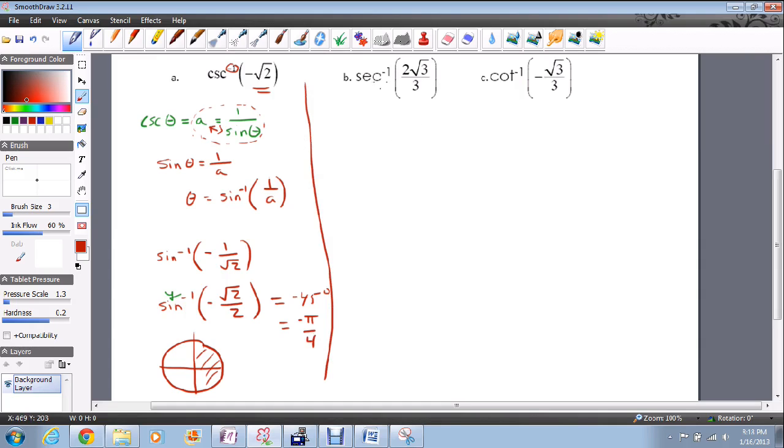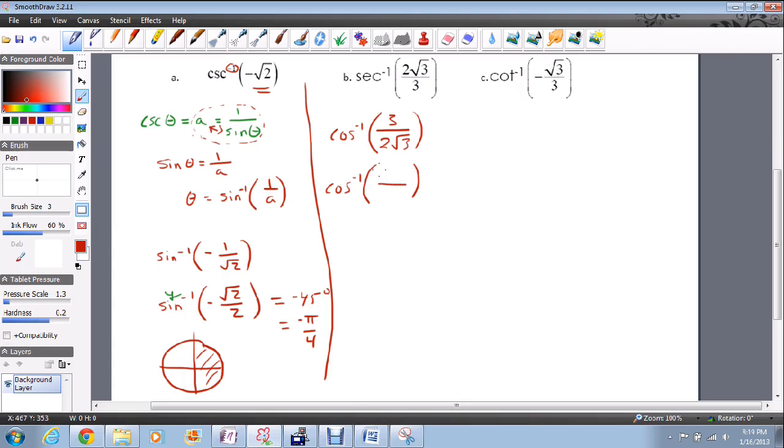The secant, the inverse secant, is the same thing as saying the cosine inverse of the reciprocal of this fraction right here, which is 3 over 2 square root of 3. If we rationalize this denominator, the reason I'm doing that again is so that I find something that looks like it on the unit circle, because a lot of these problems give you exact values.